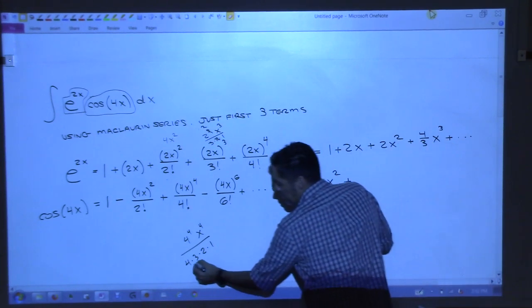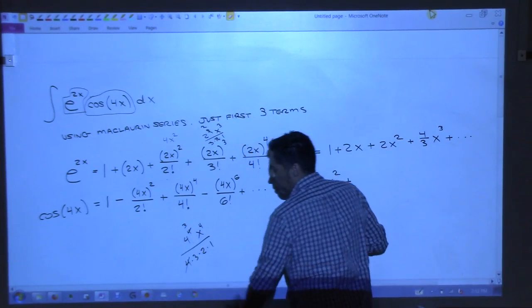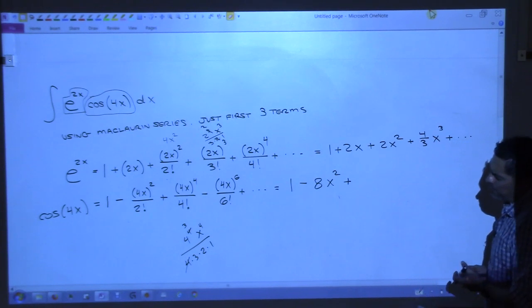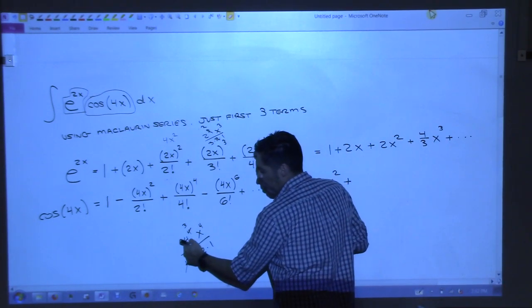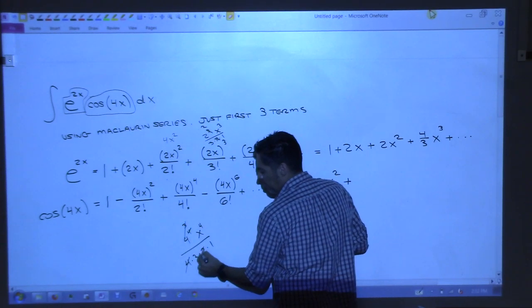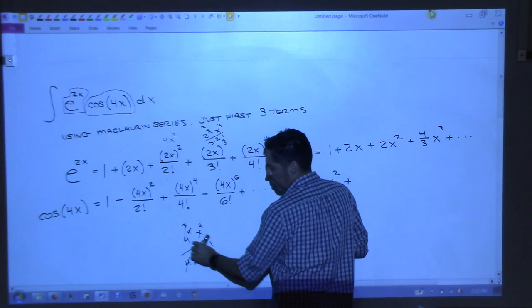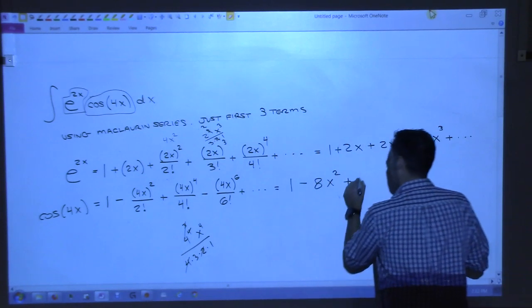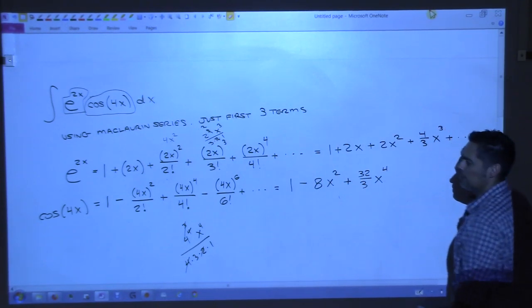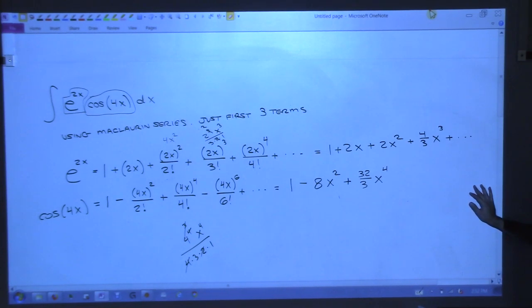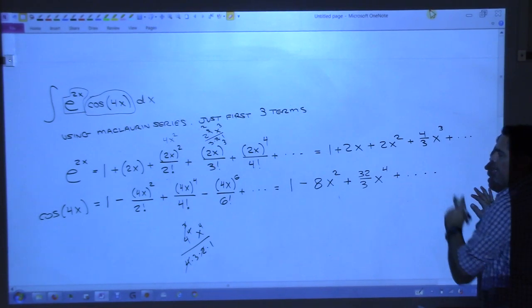One of these 4's cancels. What is 4 to the 3rd? 64, right? What's 64 divided by 2? 32, and then I still have a 3 down there. So I think 32 thirds x to the 4th. Y'all see what I did? Okay, plus, I'm surrendering, plus that, right?